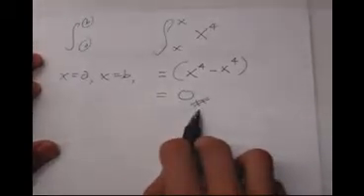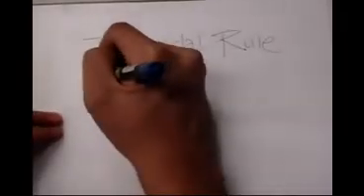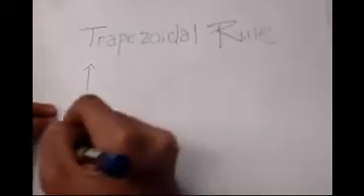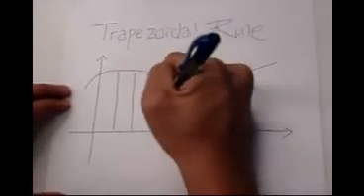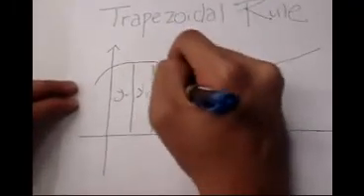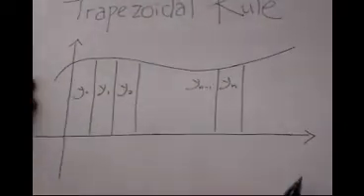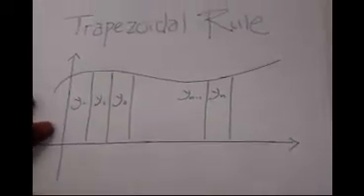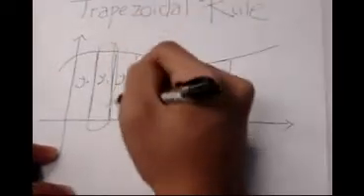Now I'll touch on the trapezoidal rule. First I'll draw the graph. I'll name the ordinates y0, y1, y2, y(n-1) and yn. Our duty is to find all these strips, all the area under the curve.